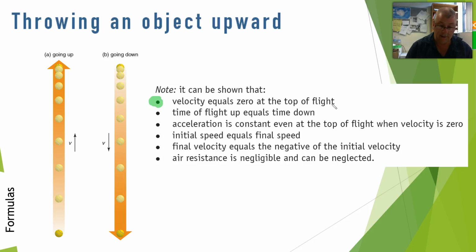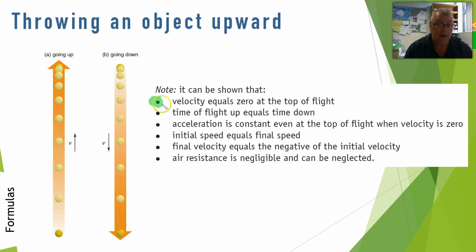So that means that when it's up here, for an instant, it stops and has a velocity of 0. However, it doesn't stop there, it keeps coming down because gravity keeps acting on it.